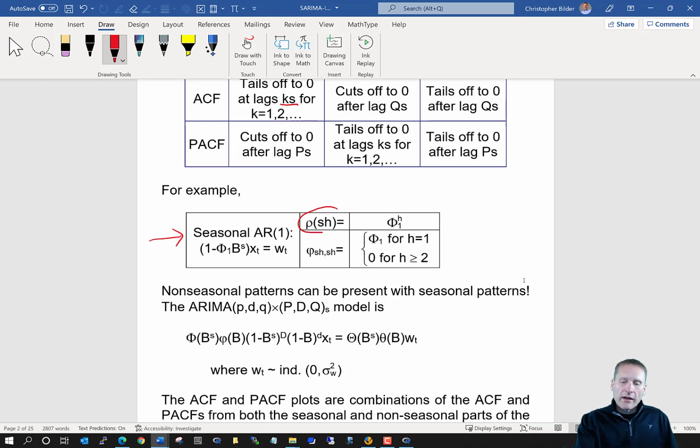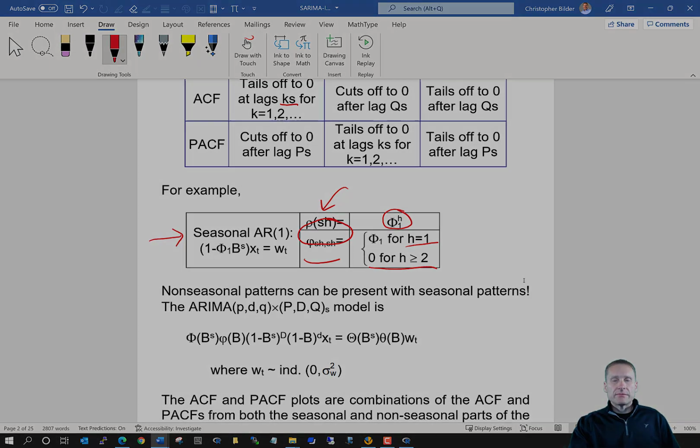The autocorrelation function would be equal to capital Phi_1 raised to the h power, but at lags S times h. The partial autocorrelation then would be equal to capital Phi_1 at h equal 1 and 0 otherwise.